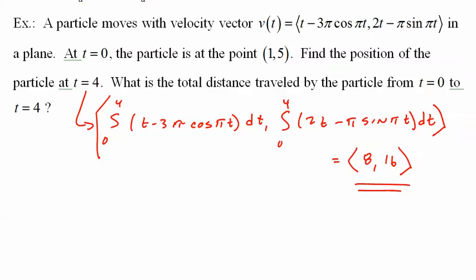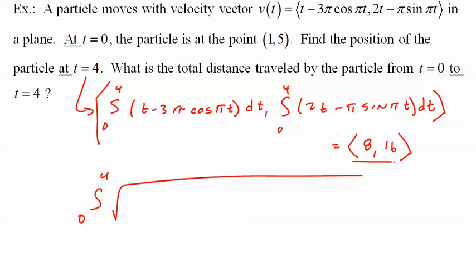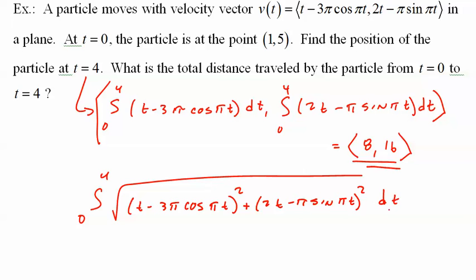So actually I'll do that one and we will call it a day. 0 to 4, monster square root, t minus 3 pi cosine of pi t squared plus 2t minus pi sine of pi t squared. And you will get 33.533, no units.